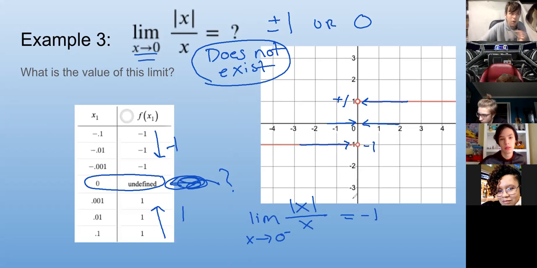Or we could talk about it only from the right and say that on the positive side, it's +1. We can look at the individual left side and right side limits and talk about those values if we want to. But overall, the limit as x approaches 0 from both sides at the same time doesn't exist.